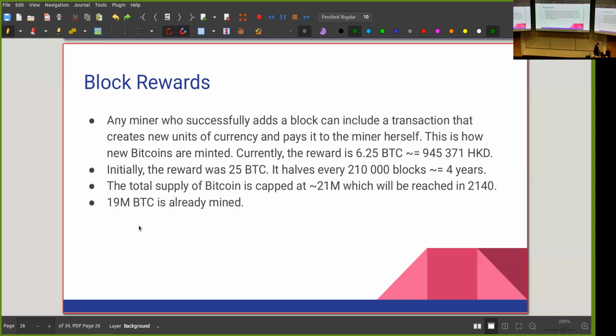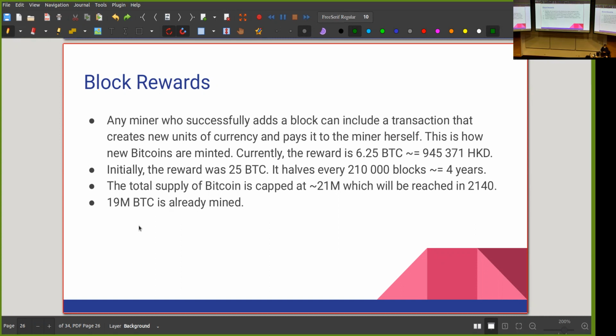So the solution right now in Bitcoin is that any miner who successfully adds a block can also include, let's say, a transaction in that block. And that transaction just pays some money, creates some new money, and pays that money to the miner. Okay, and this transaction doesn't need to have any other source for that money. So it's just new money that is being printed.